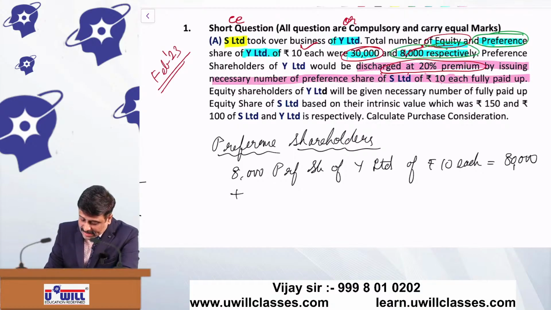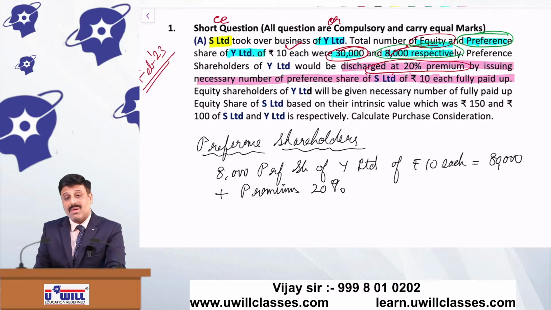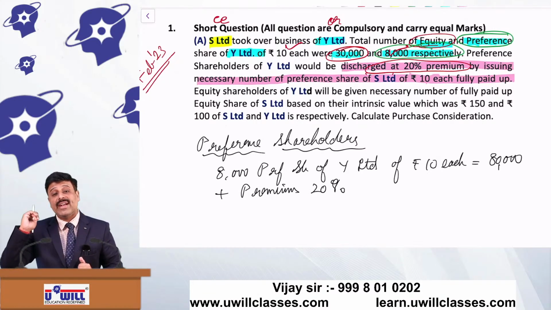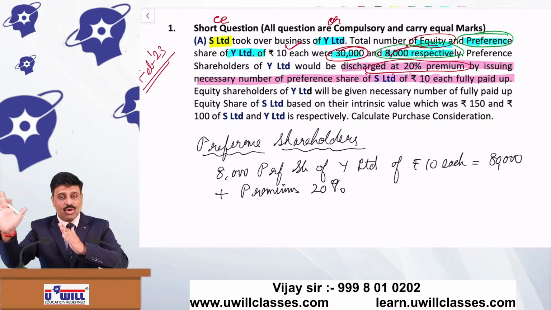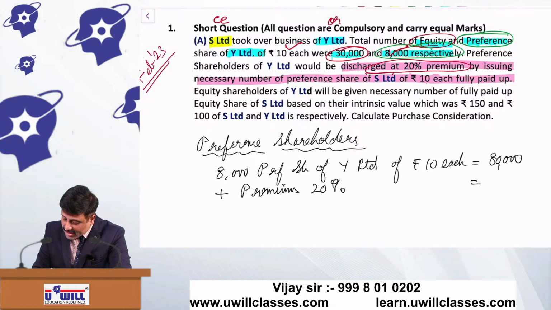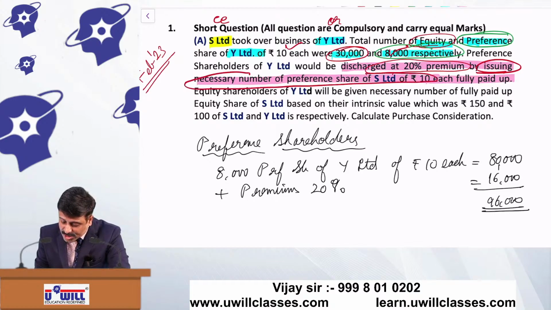Now they'll be discharged at a premium of 20%. Here it does not mean security premium. Here a premium of 20% means we will be paying them 20% more. That's it. A security premium account is not to be created over here. So 20% more means 16,000 more, so we will be giving them 96,000. And how are we going to give this 96,000? By issuing the necessary number of preference shares of S Limited of 10 each fully paid up.